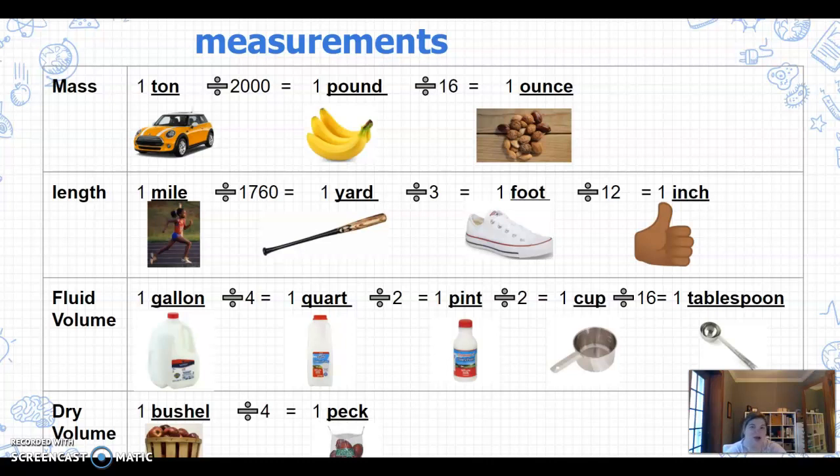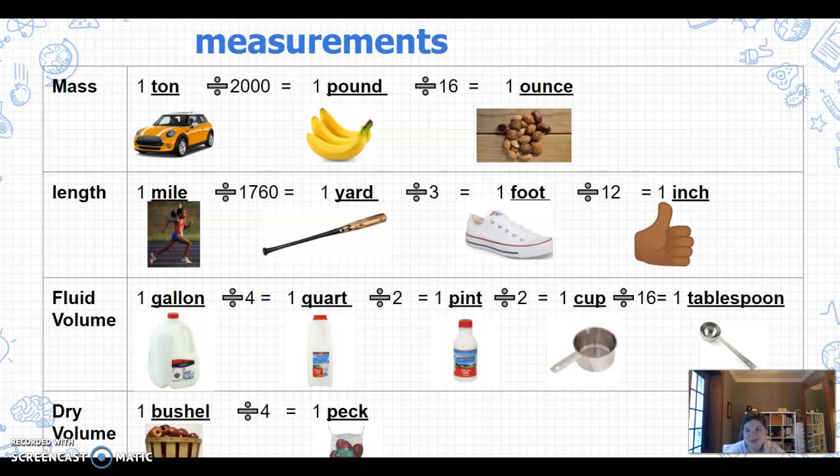At this point, you're probably realizing that these numbers seem rather random, and that's because they are. There is nothing uniform about this system, and it requires you to remember a lot of hard to remember numbers if you want to move from mile to yard or mile to foot.